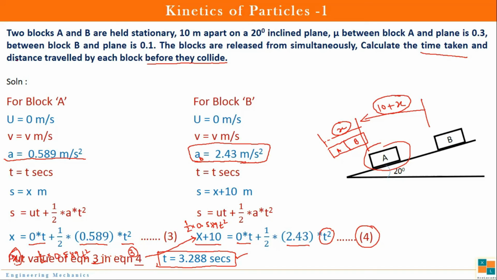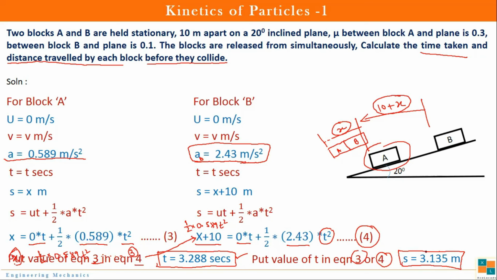The other thing asked was to find the distance traveled by each block. As we now know the value of t, I can substitute the value of t in either equation 3 or equation 4. Putting the value in equation 3 or 4, I get the value of displacement as 3.135 meters.